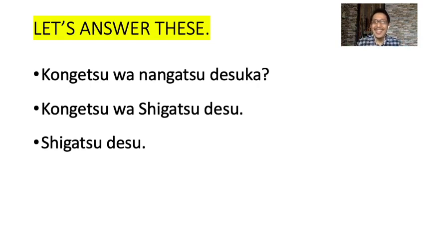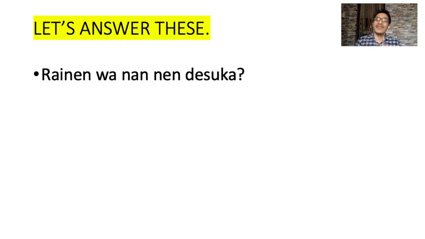いいですね。じゃあ次。Okay. So we have here another question. 来年は何年ですか? So 来年 means next year. So 来年は何年ですか? What year is next year? Okay, please type your answer in the comment section below.